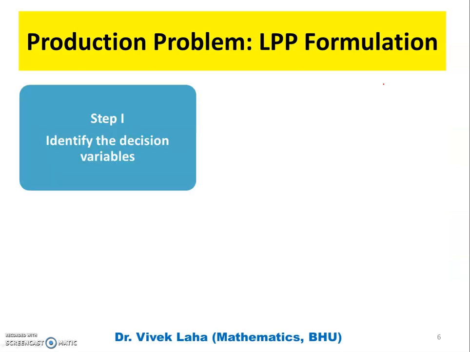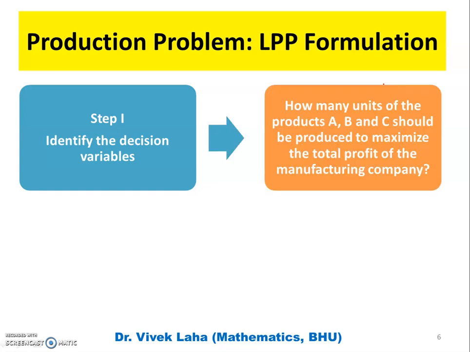Step 1 is to identify the decision variables. First of all, we have to identify the decision variables, and that is the part of the question: how many units of products A, B, and C should be produced to maximize the total profit.